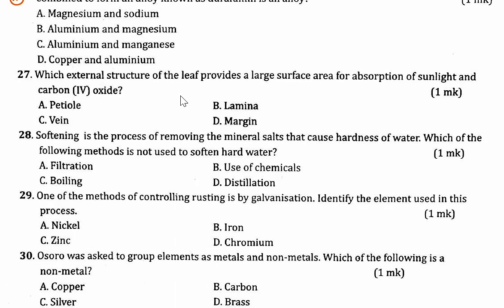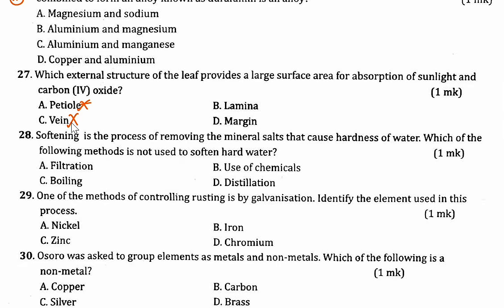Number 27. Which external structure of the leaf provides a large surface area for absorption of sunlight and carbon dioxide? So we're going to look at the options. Petiole is for support, therefore that is not the correct answer. We have vein. No, not true.